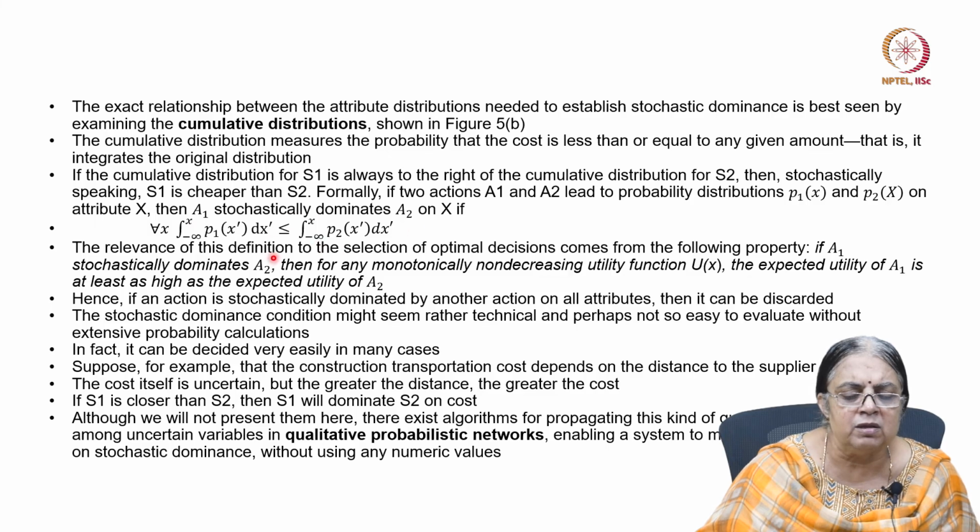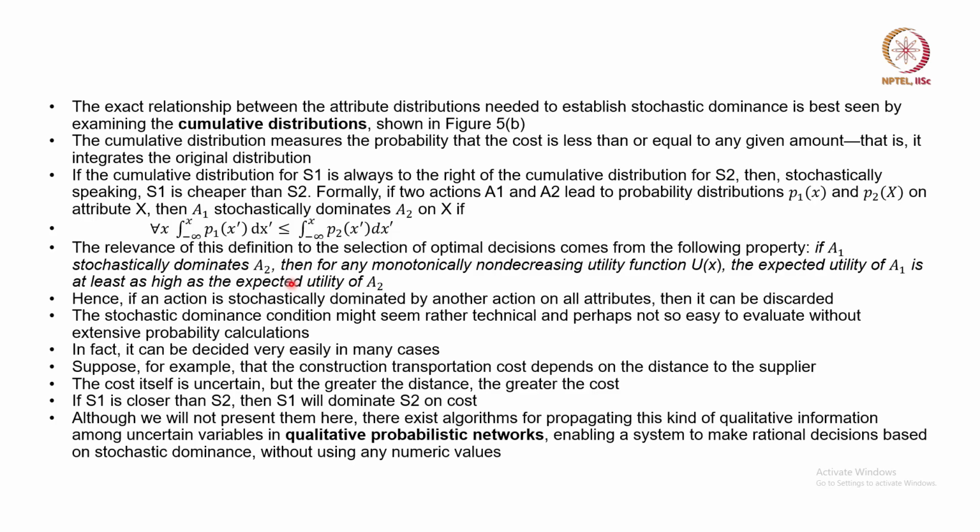Similarly you get the cumulative distribution for the other one. Then you choose the one which dominates, and you say it stochastically dominates A2. It's something like finding the area under the curve in some way, and then you say that this stochastically dominates the other one.